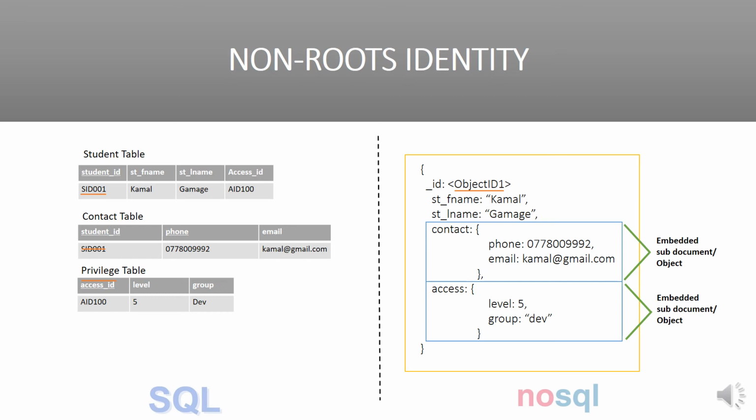The parent object, also known as the root object, gets a unique key or an ID set by the database. In some scenarios, there will be situations that require accessing the child objects uniquely. But in NoSQL, there is no proper way to address this situation.